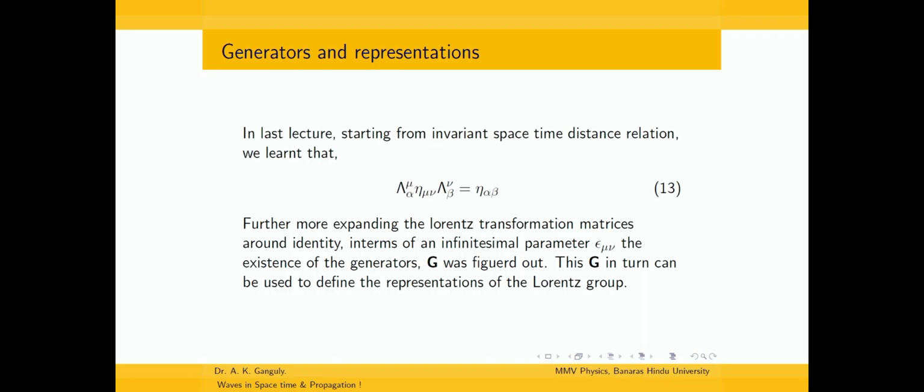The capital G matrices that we are dealing with have two indices in them, and these two indices coincide with the two indices of the infinitesimal transformation parameter epsilon, as was shown in equation number 10.